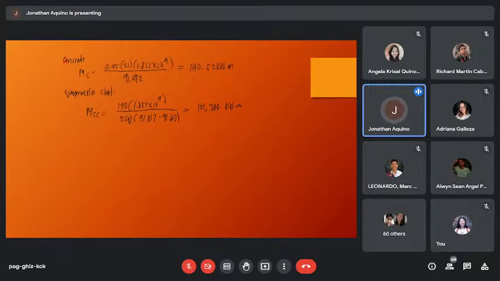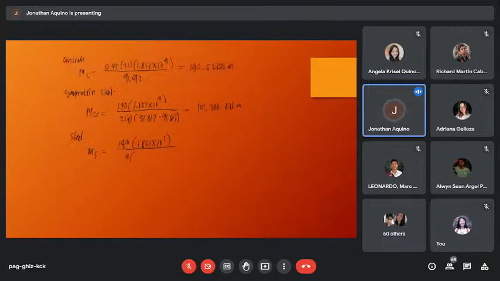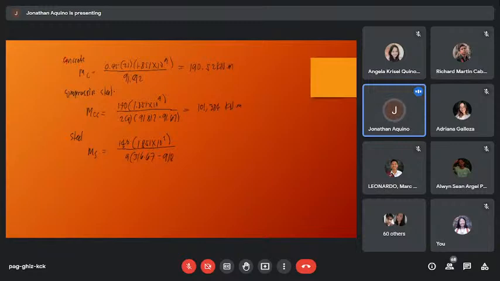Okay. So for tension steel, MS is equal to 140 times 1.851 times 10 to the 9 divided by N. So N is 9 times C. So C natin dito is D minus X. So D natin is 316.67 minus X of 91.812.